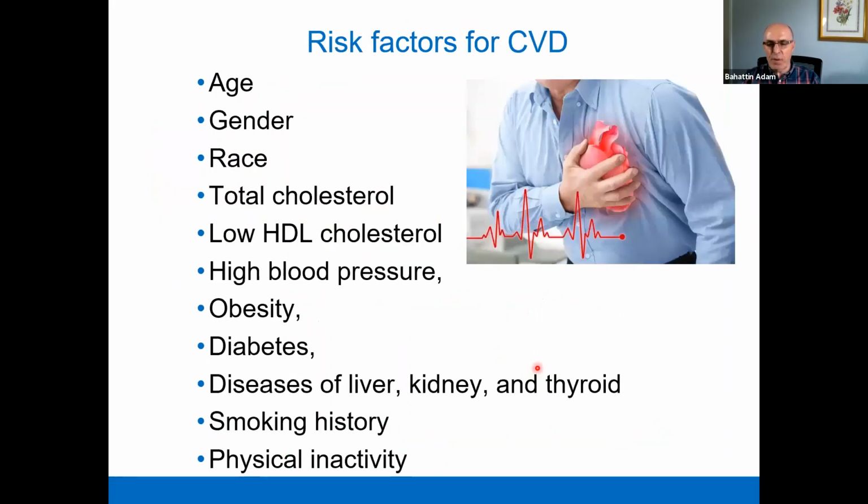These are risk factors for cardiovascular disease. Not only dyslipidemia, as you see: age, gender, race, and the level of the lipids, obesity, diabetes, disease of the liver, kidney also affect the level of the lipids, smoking history, and physical inactivity. It is a multifactorial disease.